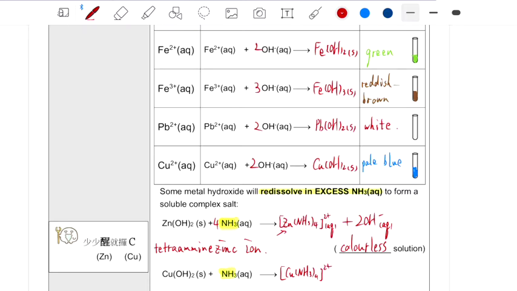So overall, it will have 2 plus charge, and then it will release the hydroxide ion back to the solution. And for this one, it has a color. The solution formed would be deep blue in color, due to this complex ion. And for this ion, we name it tetraamminecopper 2 ion.